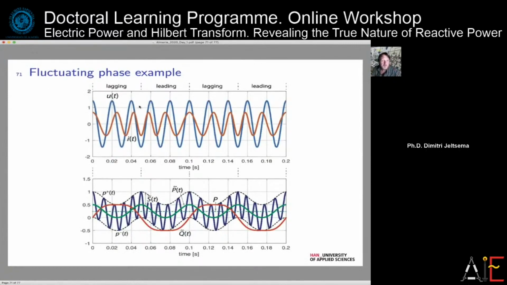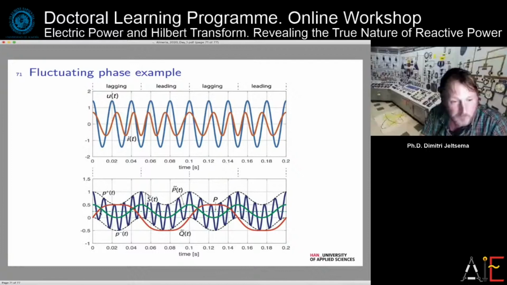Sinusoidal voltage with a steady amplitude and a steady phase. And then you see that the current is constantly changing from lagging to leading, and then we're back to lagging and then leading. If you apply this resolution, what you see in dark blue is the instantaneous power, just the product of the blue and the red one.